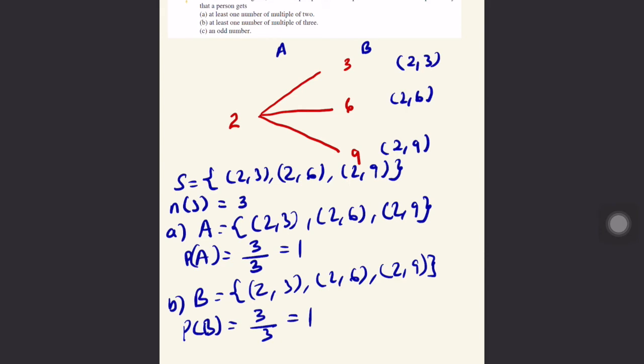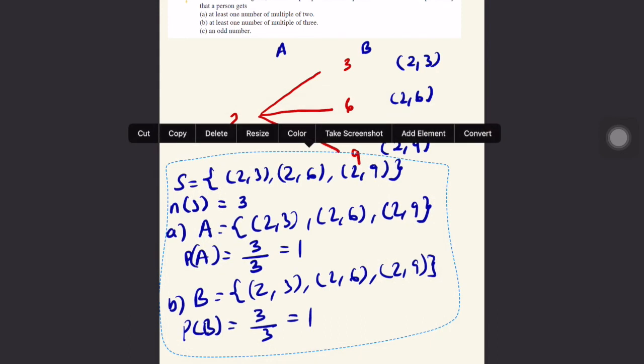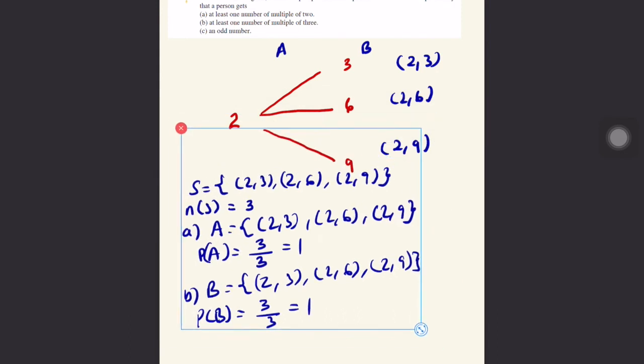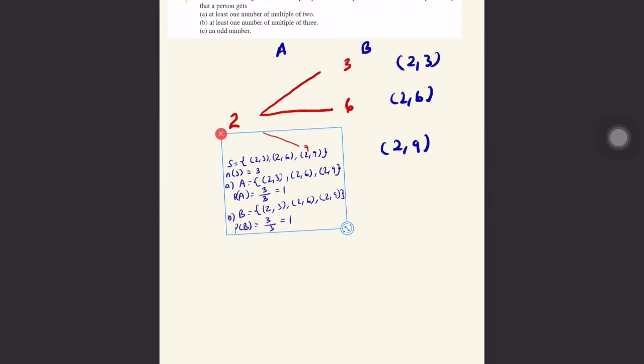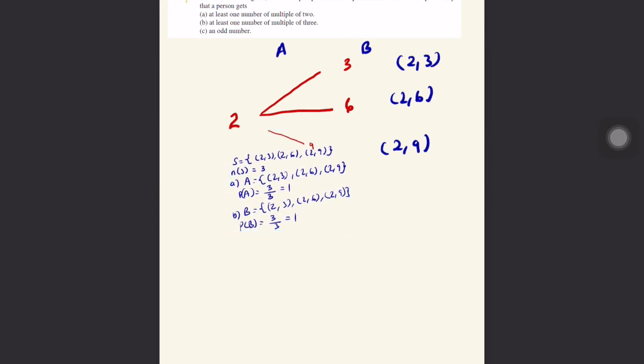And the last one for C, an odd number. Okay, C, an odd number. It says an odd number, one odd number. So in 2, 3, is there an odd number?